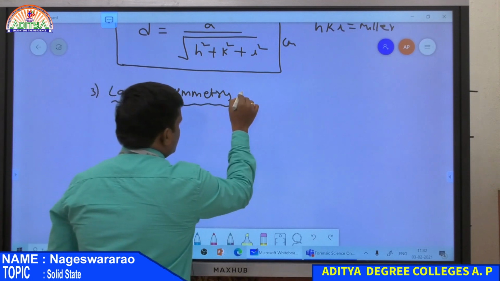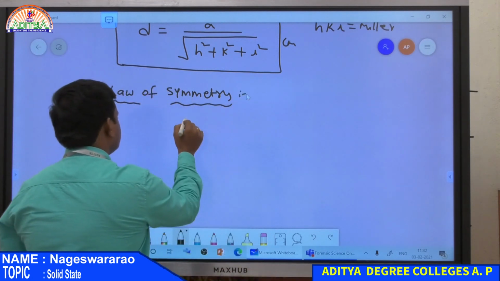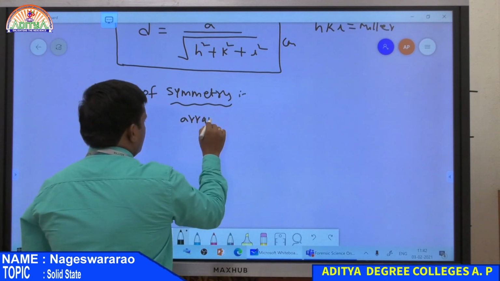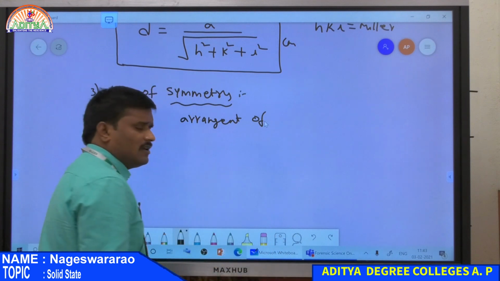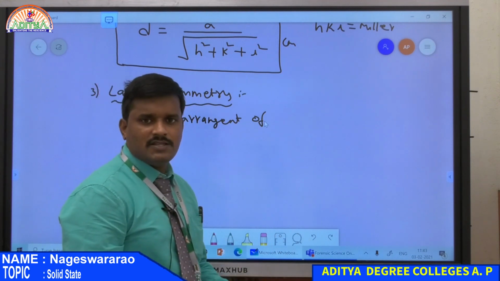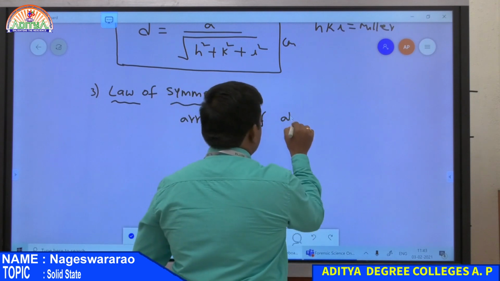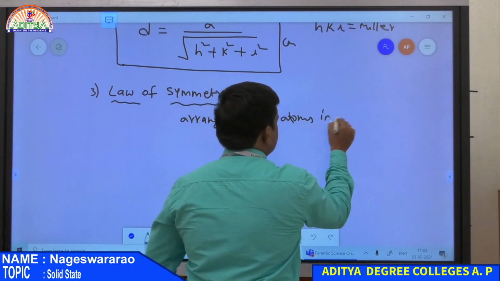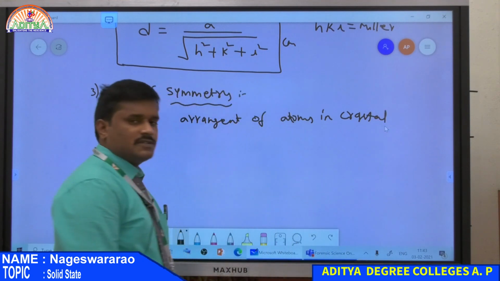So first of all, what is symmetry? Symmetry is nothing but arrangement. So in a crystal, how the angles are arranged, how the points are arranged, that is nothing but the arrangement of atoms in a crystal. So that is explained by the law of symmetry.